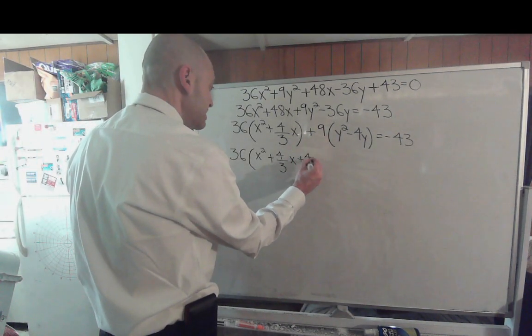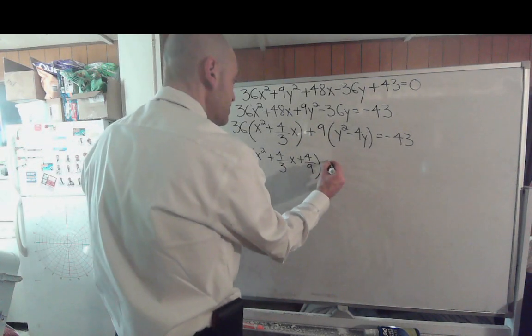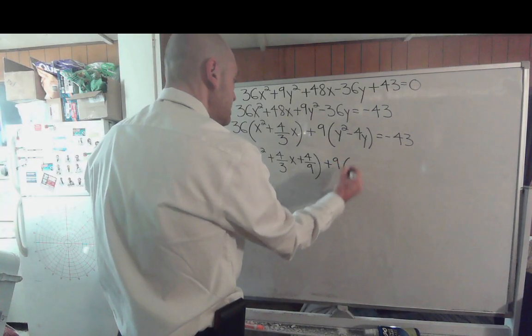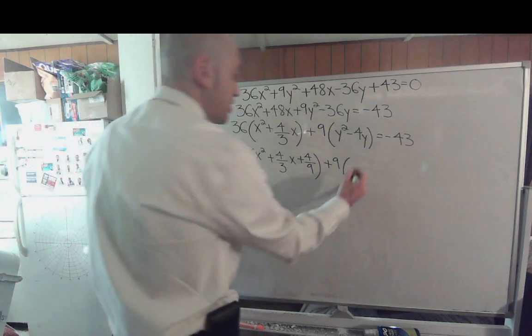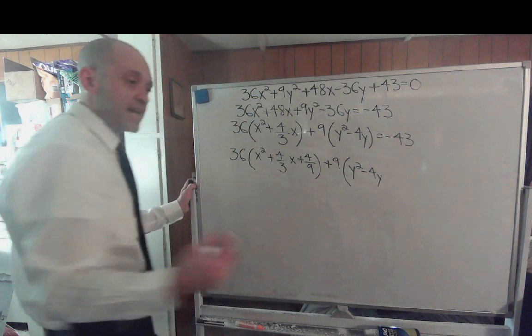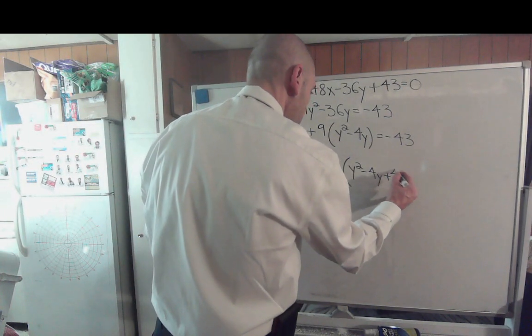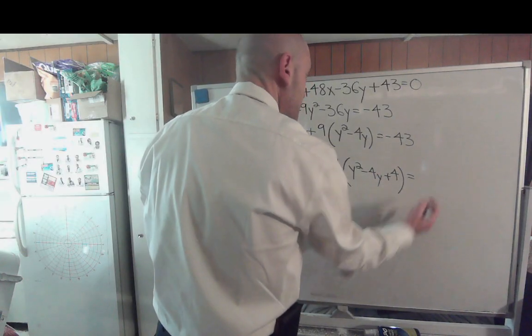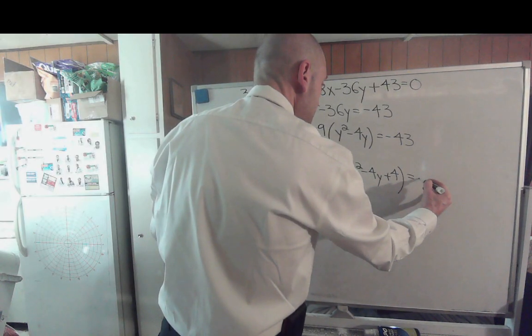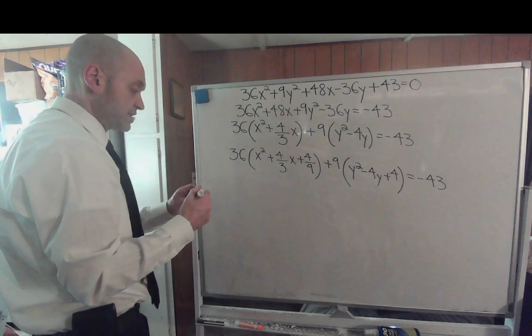So this would be plus 4/9, then you have plus 9 times the quantity of y squared minus 4y. Okay, so what's half of -4? That's -2. If you square that, you get +4. So that's going to then equal negative 43. Now we have to add everything from completing the square.